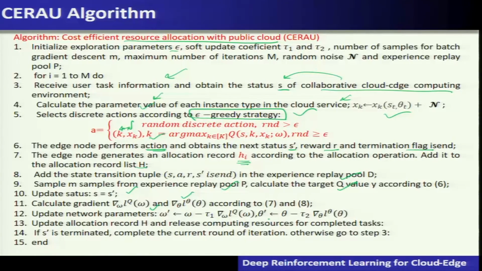It will update the network parameters of both the Q networks and the policy network, and will update the allocation record and release the computing resource. If S prime is terminated, complete the round of iteration, otherwise go on.